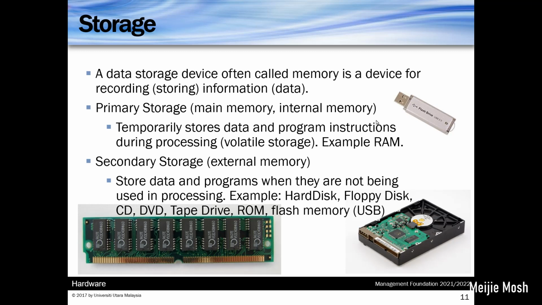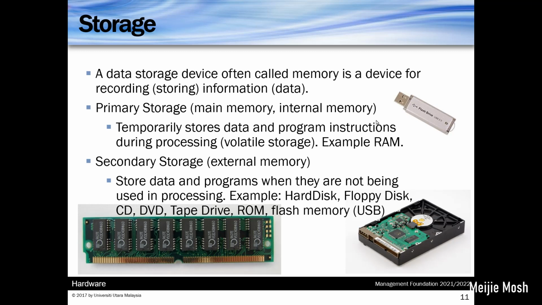Secondary storage, or external memory, stores data and programs when they are not being used in processing. Secondary storage can be removable, internal, or external. These memories are non-volatile storage because they are able to hold data safely even if there is no power.